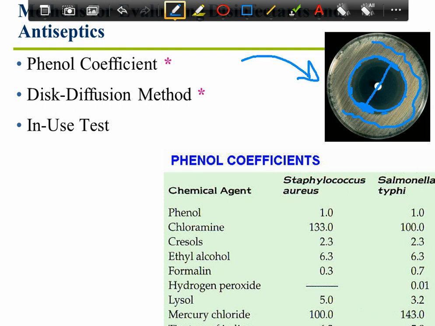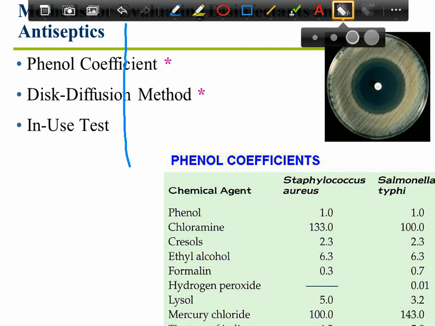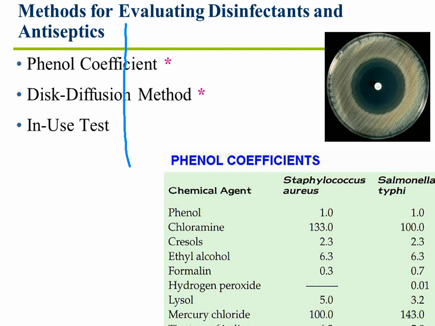Another test that you need to understand a little bit about is the phenol coefficient. A phenol coefficient is a comparison of the killing ability of a chemical compared to phenol.